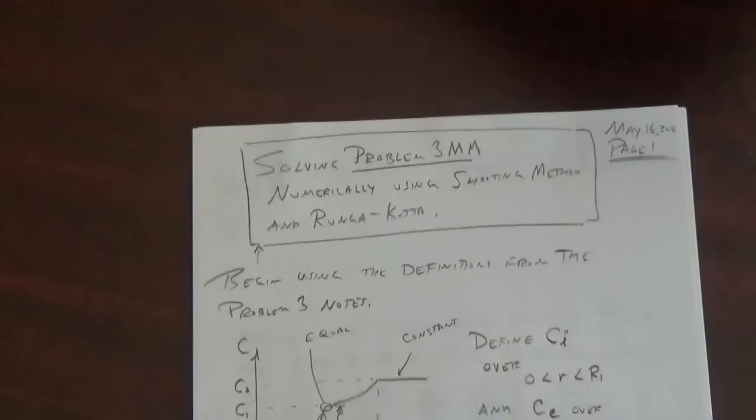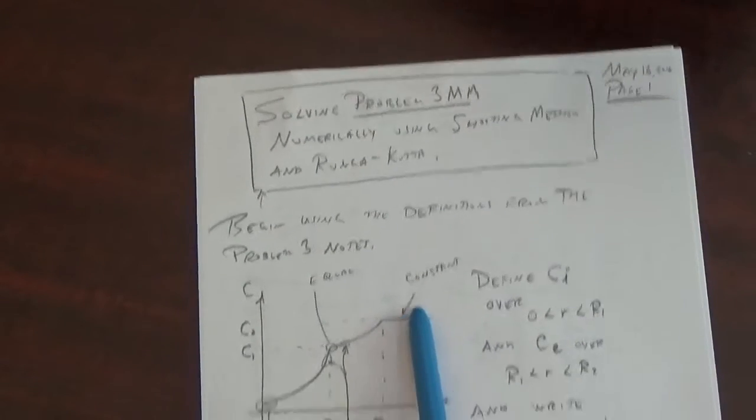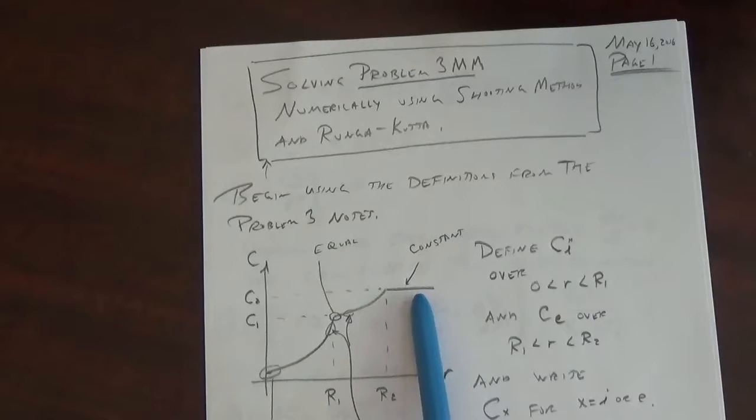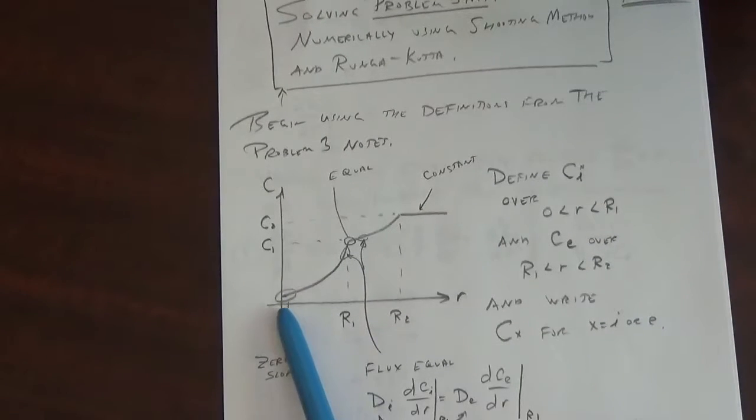Our problem solution is going to look like this. On the exterior, we have a constant concentration. At the interior, we have no flux, which means that the slope at R equals 0 is 0.